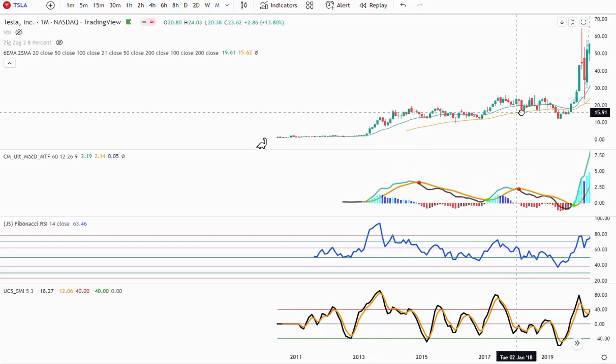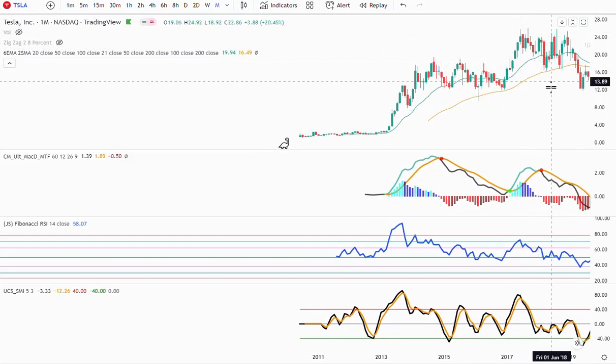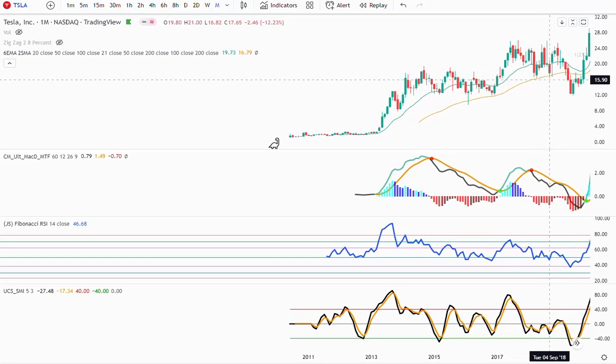Now then what happened, there was another run up right here. Price went above the monthly 20 and 50, and what we saw at that time was that it came and touched the monthly 50 again, a couple of times. Monthly 50 rebound, again pull back to monthly 50, rebound, and eventually it fell below the monthly 50.